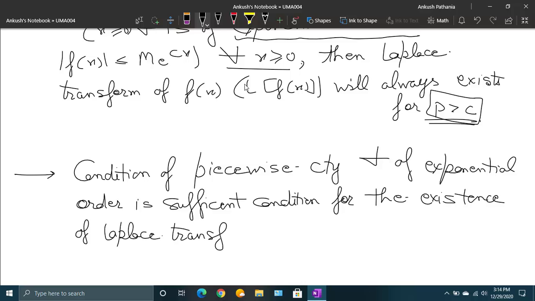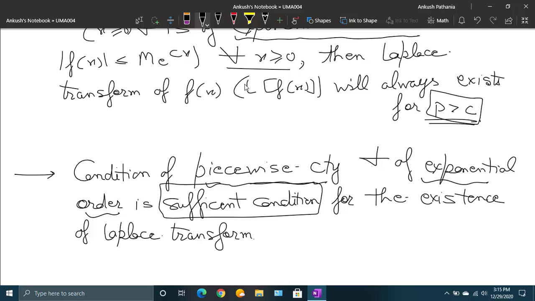What does it mean? It means that if you have a function which is not piecewise continuous, or not of exponential order, or any of the two conditions fail in some function, even then the Laplace transform of that function can exist. Even if both conditions are not there in case of some function, even then the Laplace transform can exist. So this condition is sufficient.